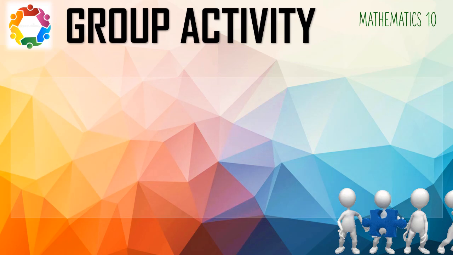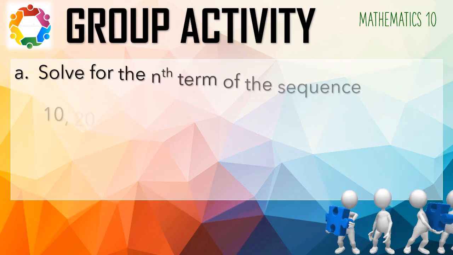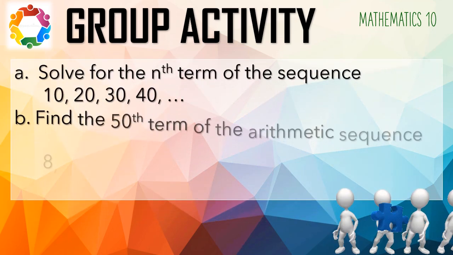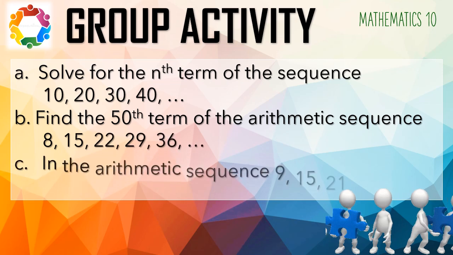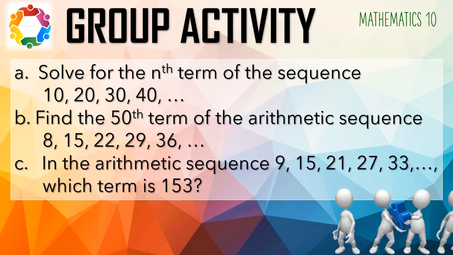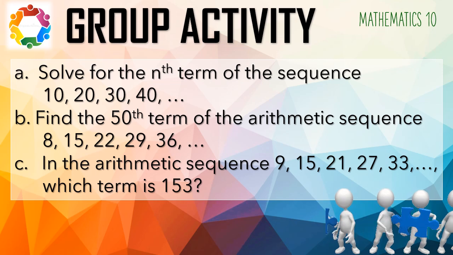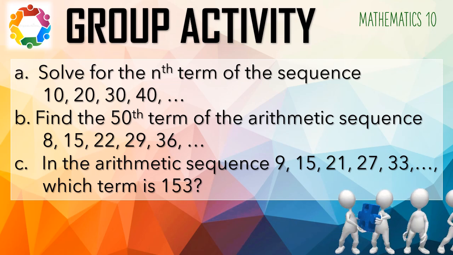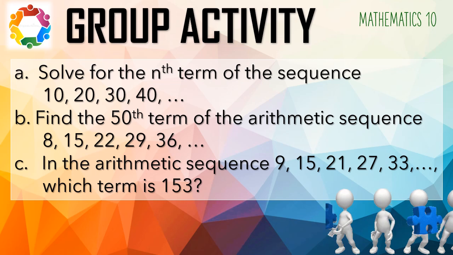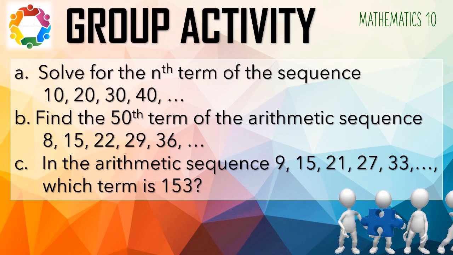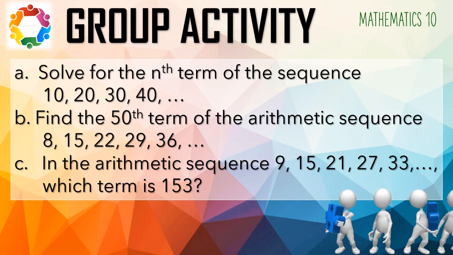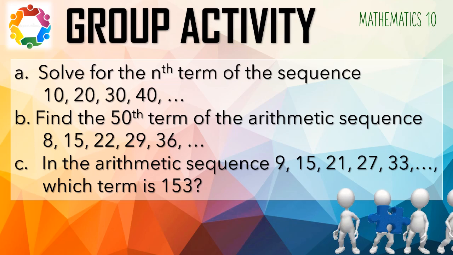Okay, so here's your additional practice exercise. You may pause the video first, then if you're done answering the 3 questions, resume the video, and there you can check if your answers are correct.